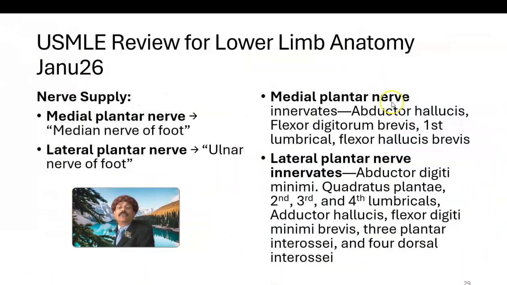Flexor hallucis brevis nerve supply is from the medial plantar. The second, third, fourth lumbrical, adductor hallucis, flexor digiti minimi brevis, 3 plantar interossei and dorsal interossei are all innervated by the lateral plantar. And this muscle is innervated by the medial plantar.